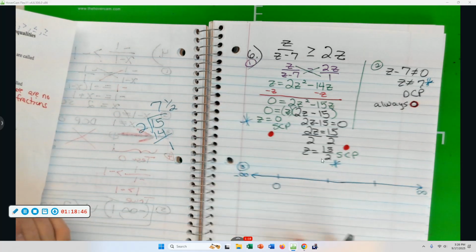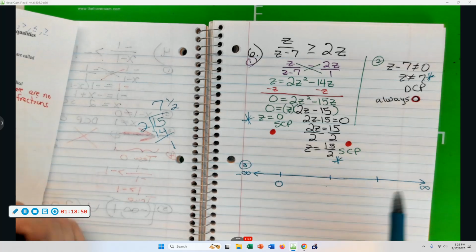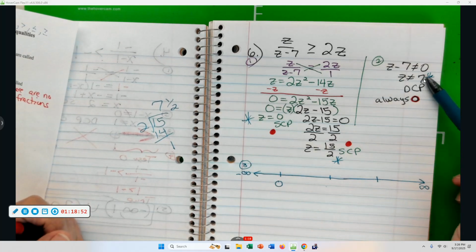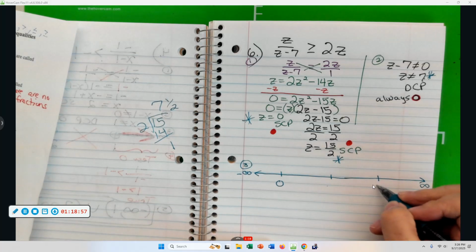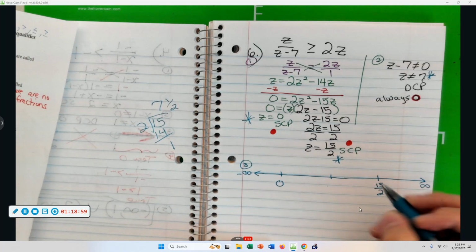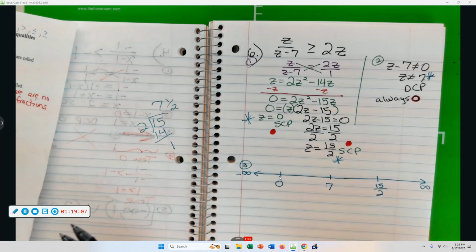Or you could put it in your calculator and get 7.5. What's bigger, 7 or 7.5? 7.5. So the 15 halves is the biggest one, and then the 7. You've got to arrange those numbers in numerical order, small to big.